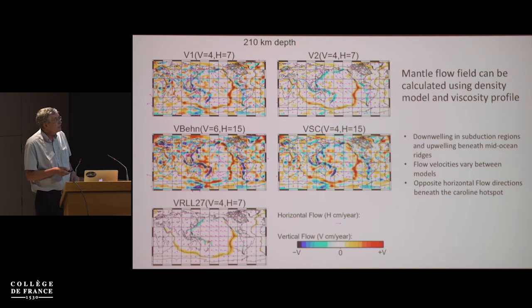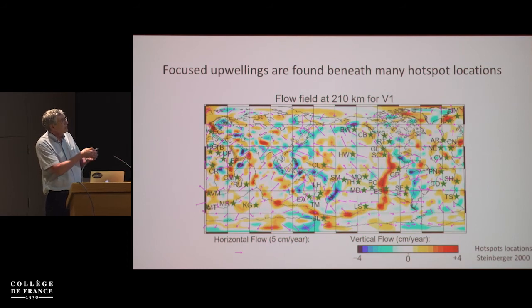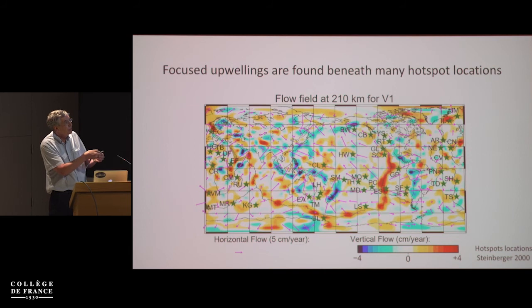But it is kind of interesting when you plot hotspot locations. So the green stars are hotspots. For many of them, for example, over here in Africa, over here, Hawaii, we do seem to have upwelling. We haven't done a good correlation of that. Another one over here, Cape Verde.